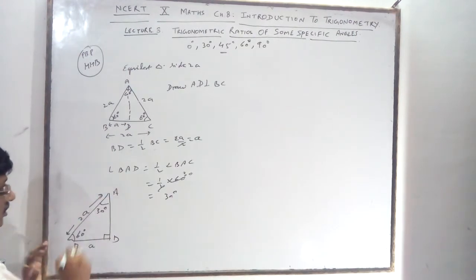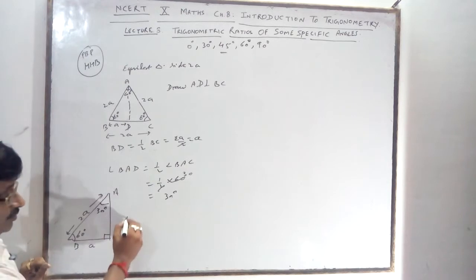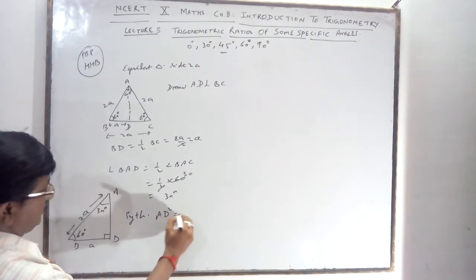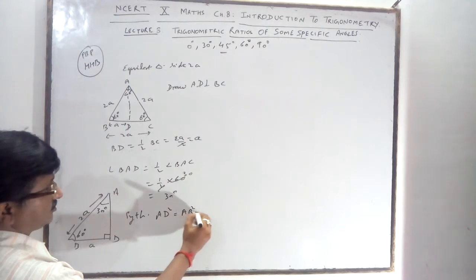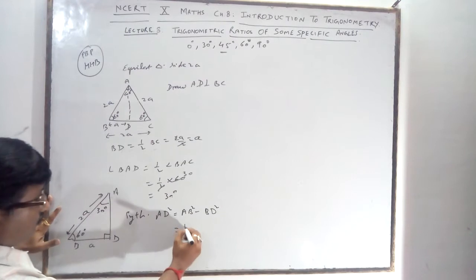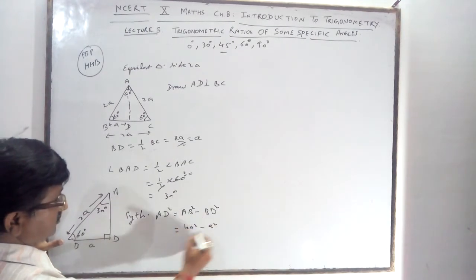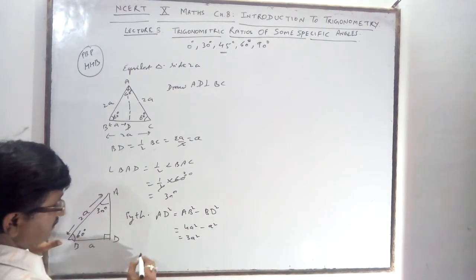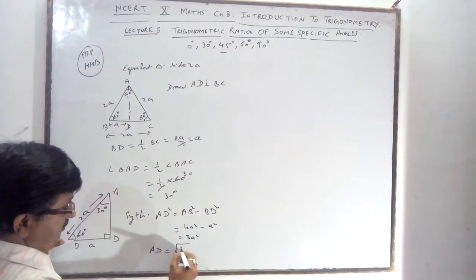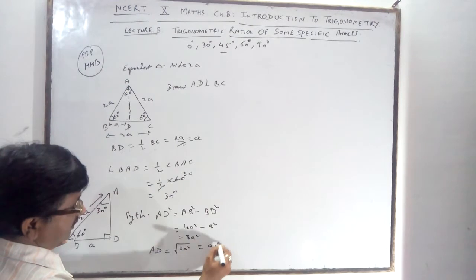Only one side is not given, AD. Pythagoras you apply, find out AD. AD square is equal to AB square minus BD square, 4A square minus A square gives you 3A square. So AD will be equal to under root 3A square, which gives you A under root 3.